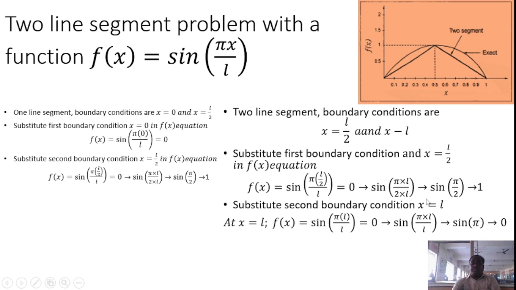So when I supply the initial boundary condition L by 2, I get 1. The second boundary condition L gives 0, which is the solution for the two line segment problem with a piecewise continuous trial function in the weighted residual method.